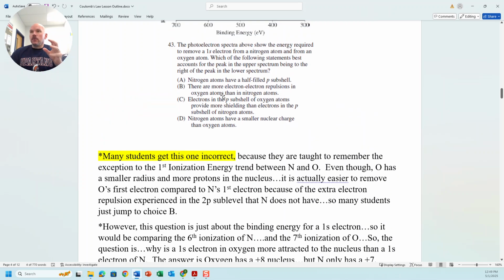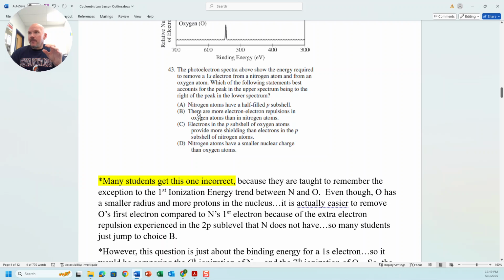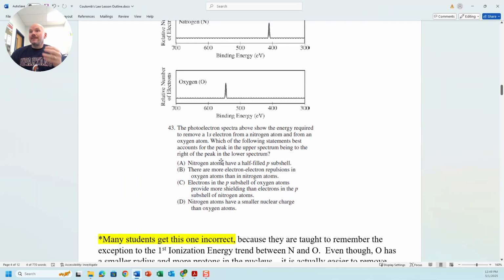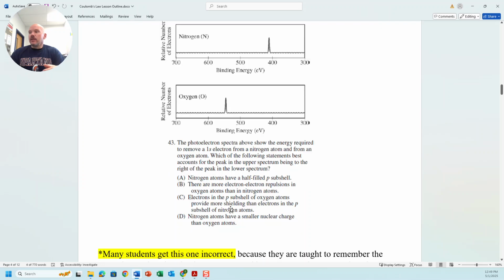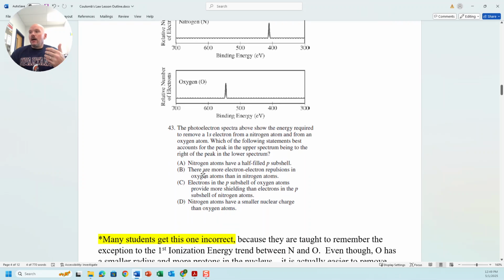And so a lot of people are primed for that, and they're looking for that. And if this question had asked why does oxygen have a lower first ionization energy than nitrogen, the answer is B. Remember, in oxygen's 2p sublevel, it goes up, up, up, down, whereas the orbital filling diagram for nitrogen is just up, up, up.